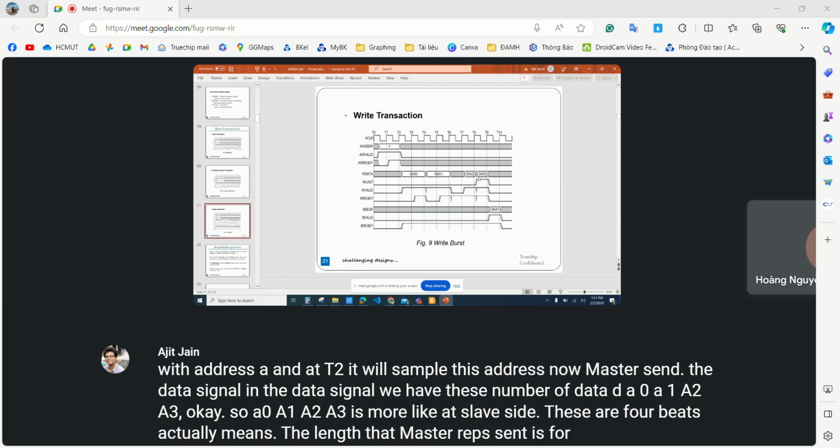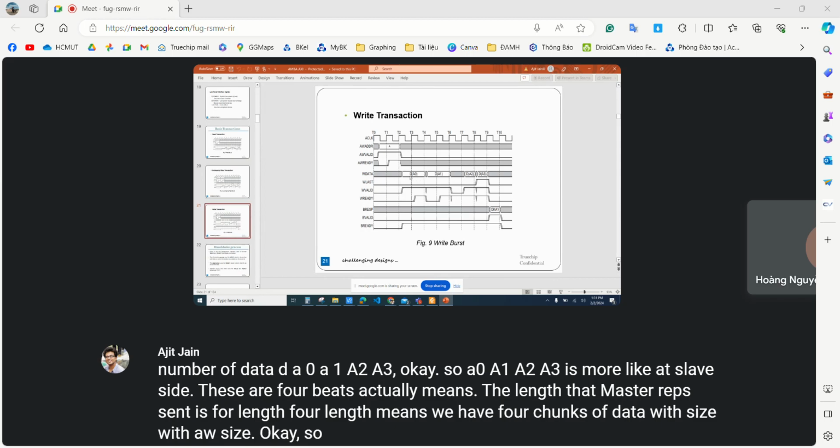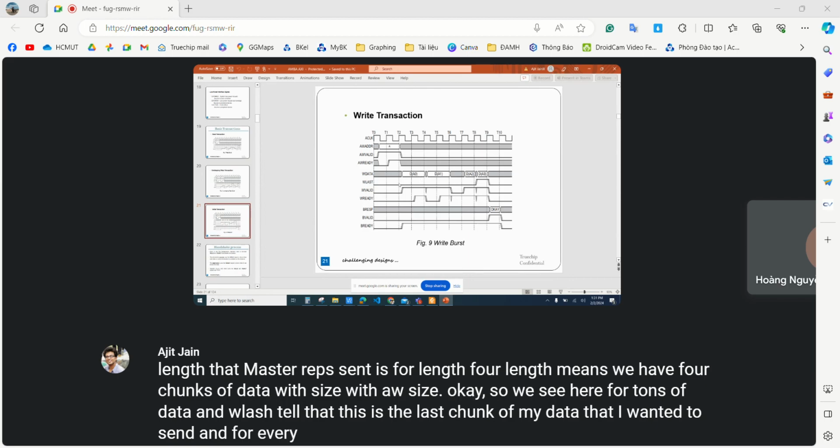Four length means we have four chunks of data with AW size. So we see here four chunks of data, and W last tells that this is the last chunk of data that I wanted to send.